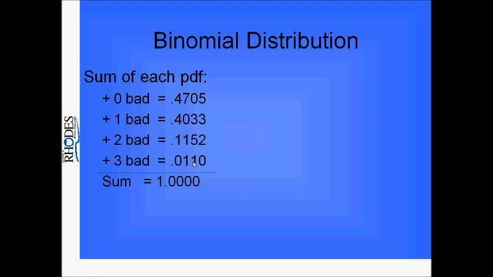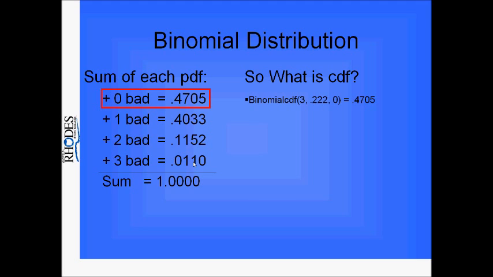Now let's talk about what CDF does. What is this CDF? We really haven't gotten into this. Well, CDF, if you plug in for 0, it's 0.4705. But if you put a 1 in, it takes the probability of 1 and adds it to the probability of 0. That's why the 0.4705 plus 0.4033 adds up to 0.8738.